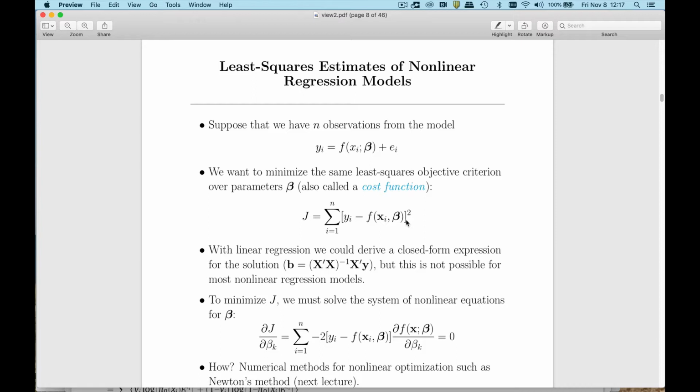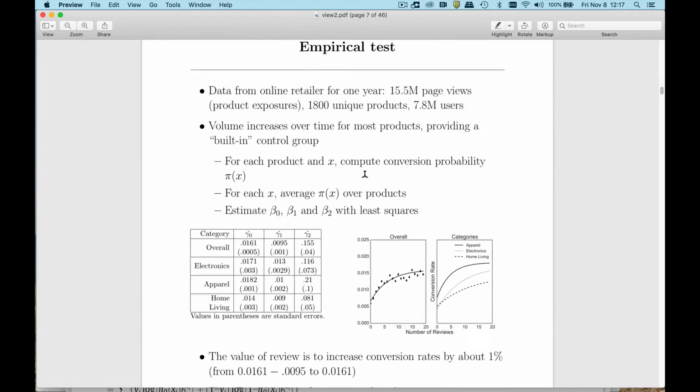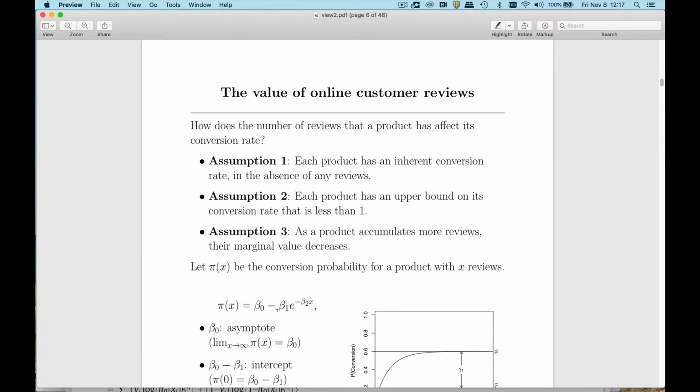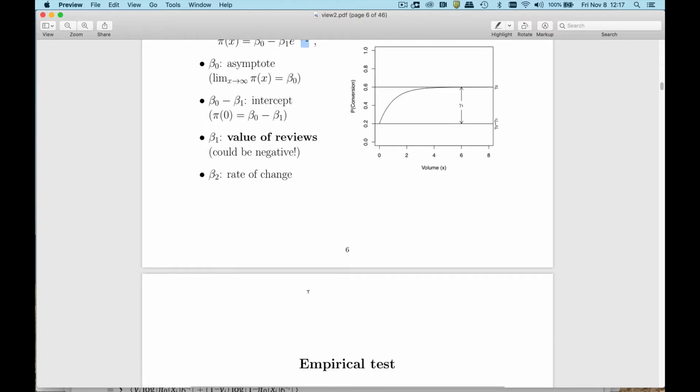Well, how do we do this? We're going to use nonlinear least squares to estimate these parameters. In general, we have some function like the learning curve, and we've got some unknown parameters associated with it. In the case of my learning curve, the unknown parameters were the asymptote, the intercept, and how steep the curve is.